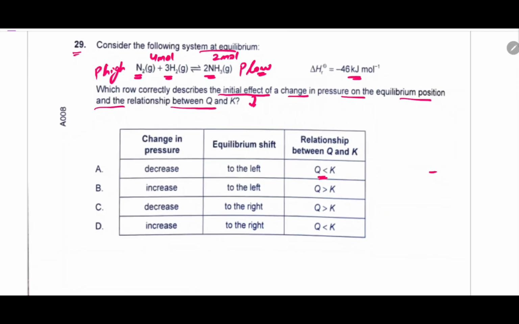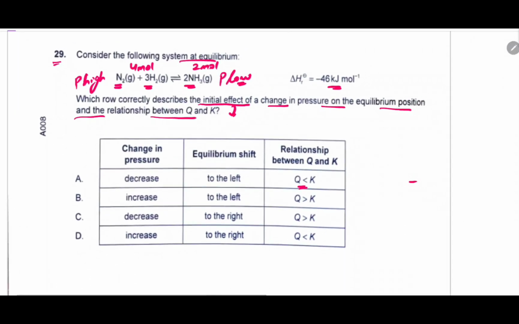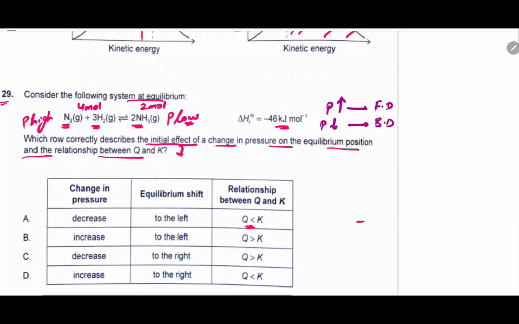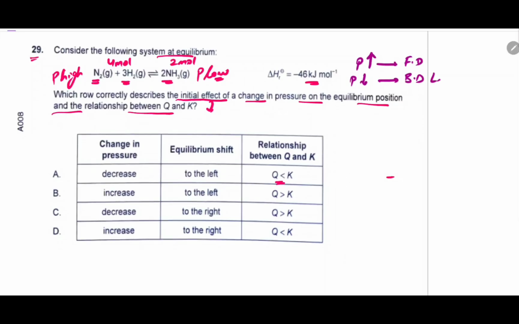Now, what I should know here is that if I increase pressure, the reaction moves towards the side with fewer moles, that is, the forward direction. If I decrease pressure, the reaction moves towards the side with more moles, that is, the backward direction. These 2 concepts I will see first. Change in pressure, decrease: the reaction will move towards left. Yes, correct.